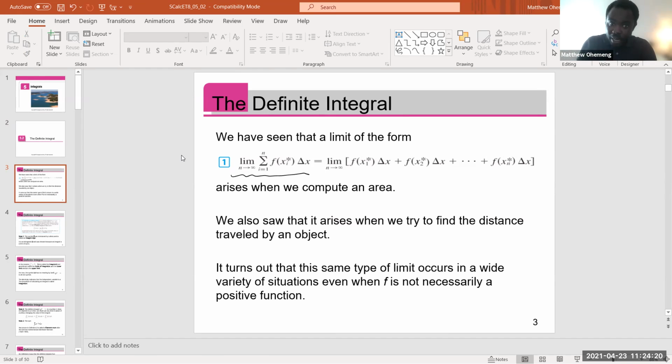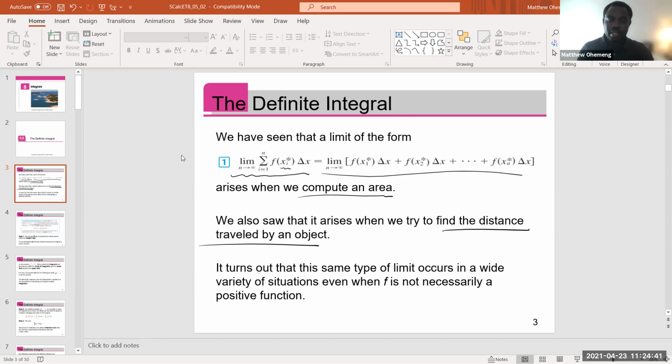So we said the limit as n approaches infinity of this sum, i from 1 to n of f of x sub i star. So that means that's a sample point, right? Delta x is equal to this. So you write this in a series form, right? This gives us what? The area, or the total distance when you're talking about the distance problem, right?